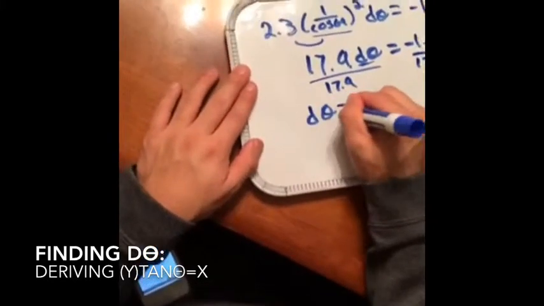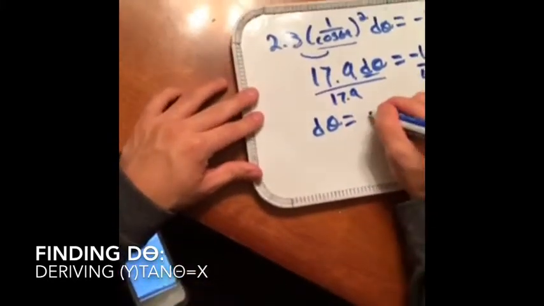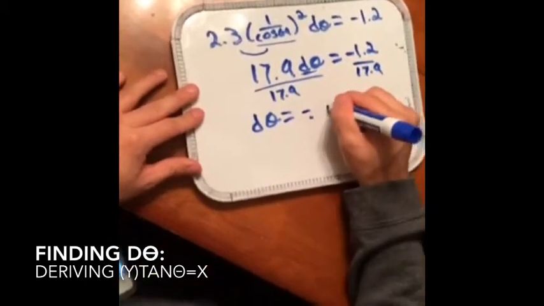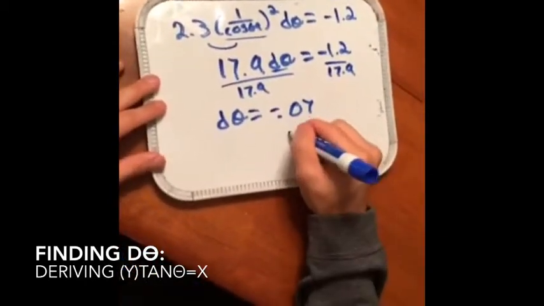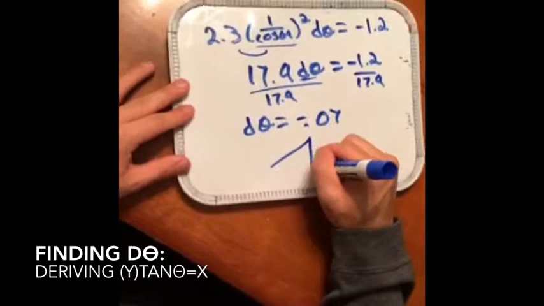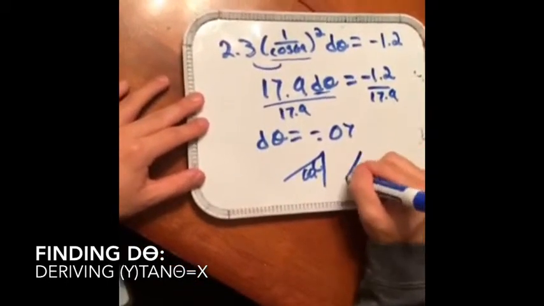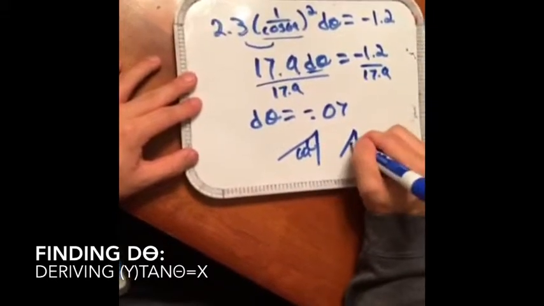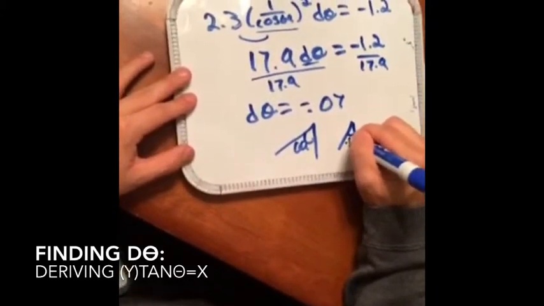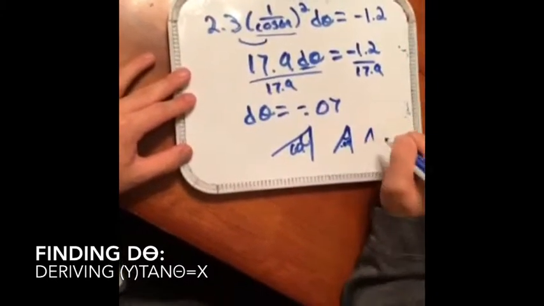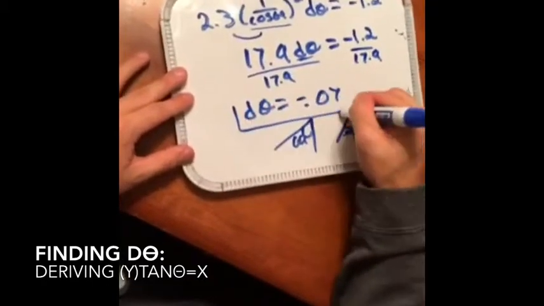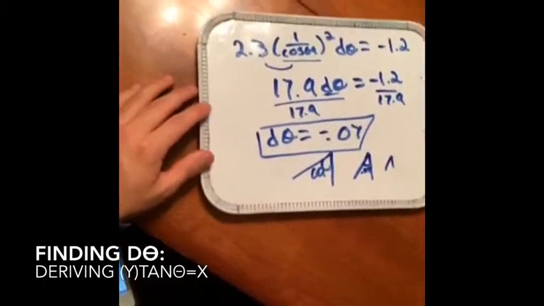Once we divide by 17.9, it gives us a negative number of negative 0.07. What this tells us is that this angle of 69 is changing and getting smaller by 0.07. So it's getting smaller and smaller. So d theta is negative 0.07.